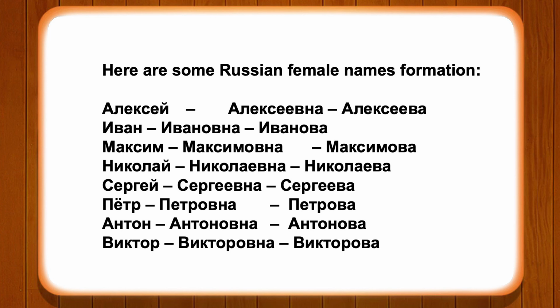Pyotr, if the father is Pyotr, then she will have the otchestvo as Petrovna, or if the father is Sergey, then the daughter will be called Sergeyevna, and the family name can be Sergeyeva, Petrova, Antonova, Viktorova, Nikolaeva, Maximova, Alexeyeva, Ivanova, and so on.